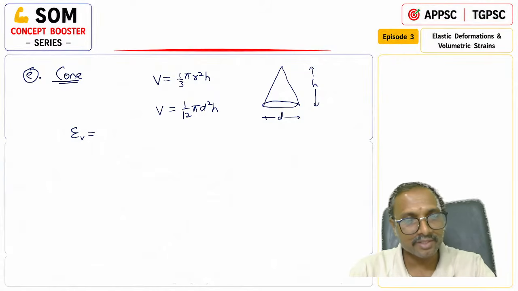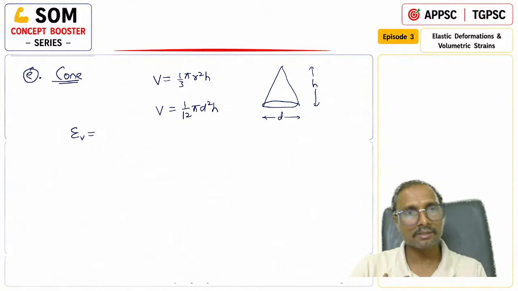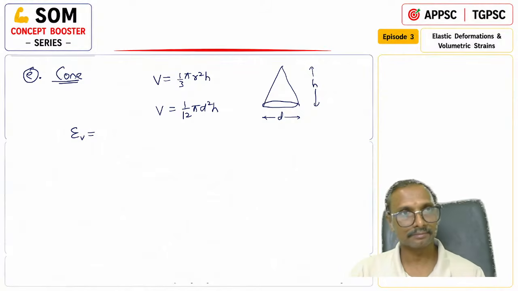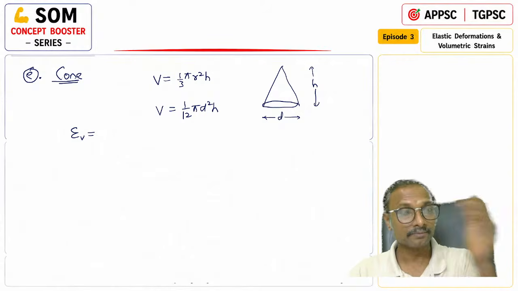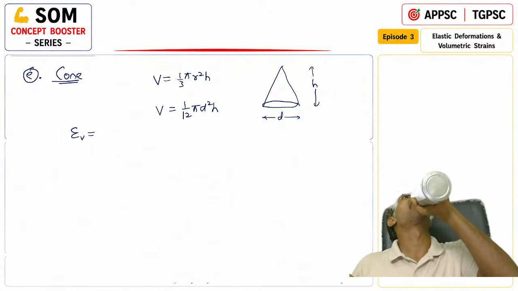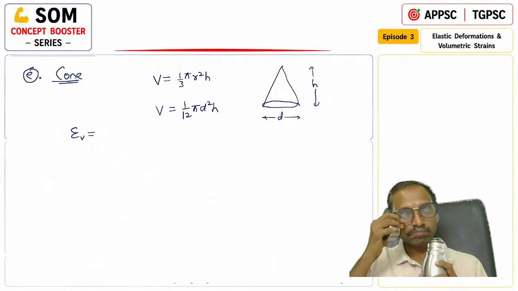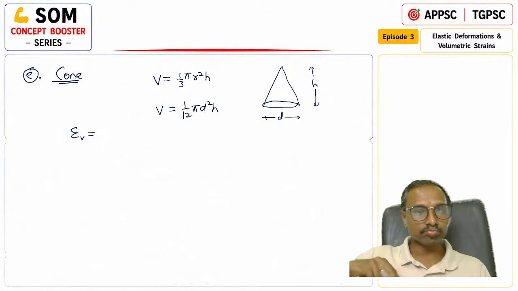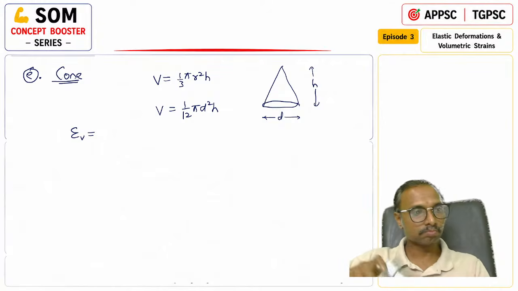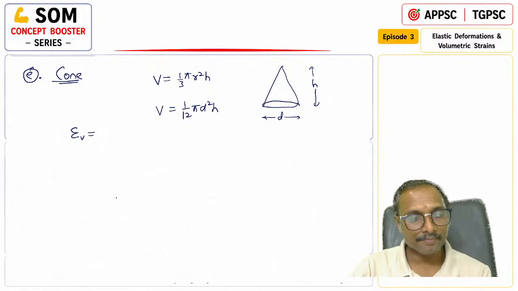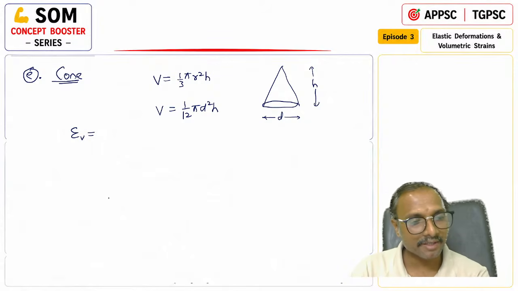Based on the discussion till now, what is the volumetric strain we'll get here? Tell me what it is, everyone.